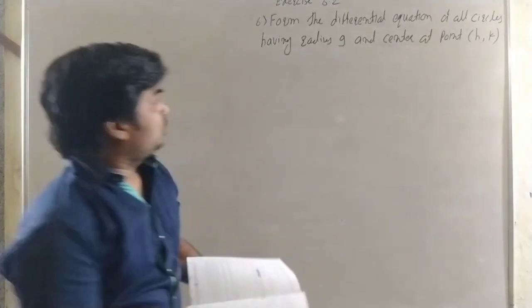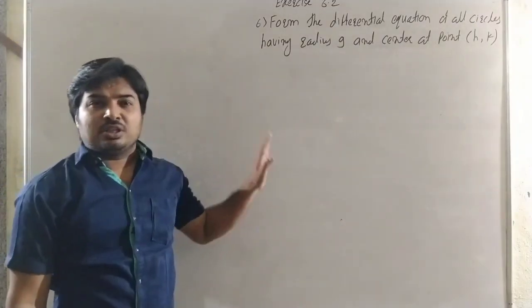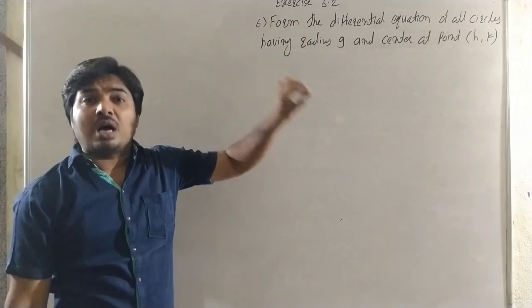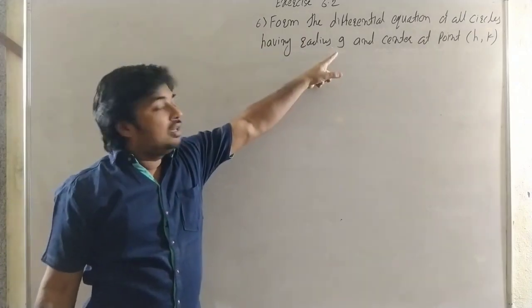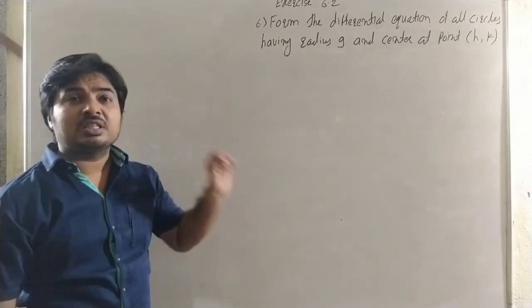Here we know that the equation of circle having center and radius is x minus h whole square plus y minus k whole square is equal to r square. R is the radius, 9, it is given. That means there are two arbitrary constants h and k.